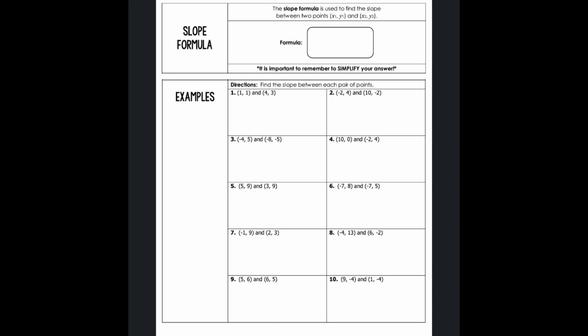So the first thing that we need to make sure we understand is when we are given a point on a graph, it is written as an ordered pair, right? It's some number with a comma in the middle and then another number. The first number is our x value. It goes left and right on that x-axis.